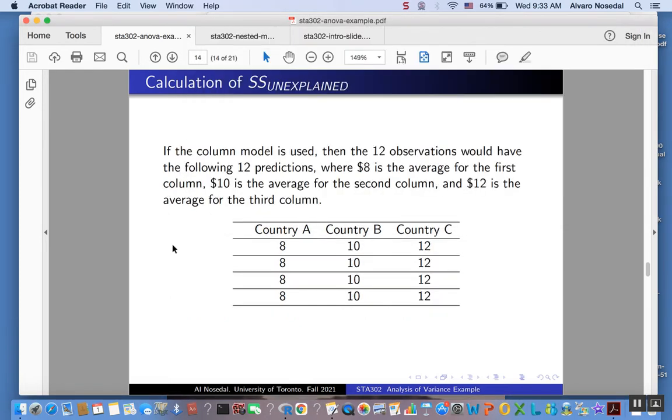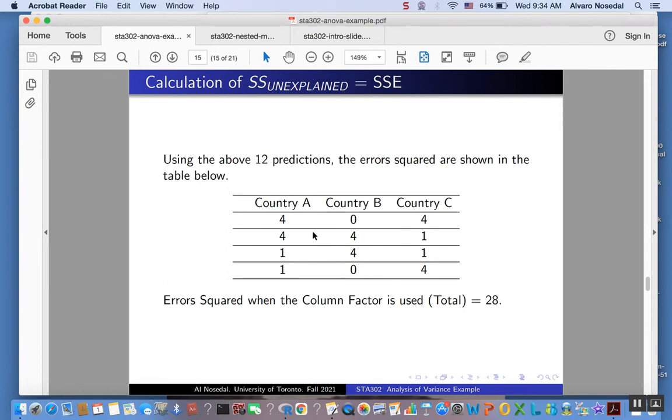Now, if you take into account the information about country, for the first 4 countries we would provide an 8 as our prediction. For the next 4, 10. For the next 4, 12. If you compute the difference between observation and prediction, and then square those differences, you end up with 28.